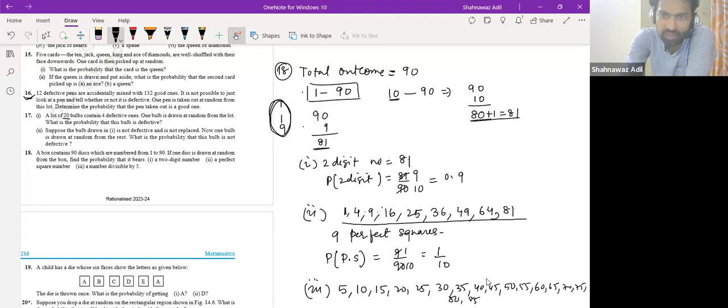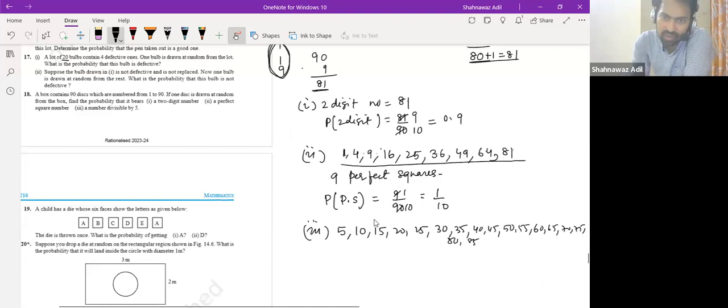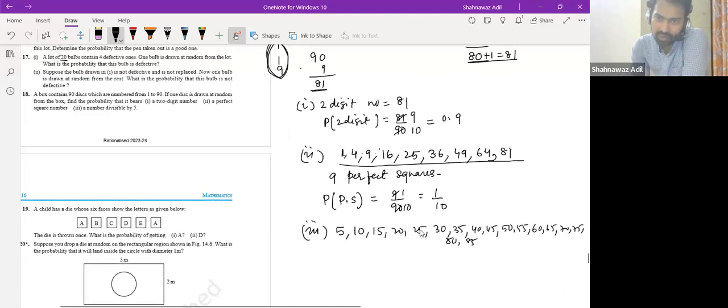So how many are these numbers? 1, 2, 3, 4, 5, 6, 7, 8, 9, 10, 11, 12, 13. You guys check whether it is correct or not. So divisible by 5. Okay, we have already crossed 1 minute.